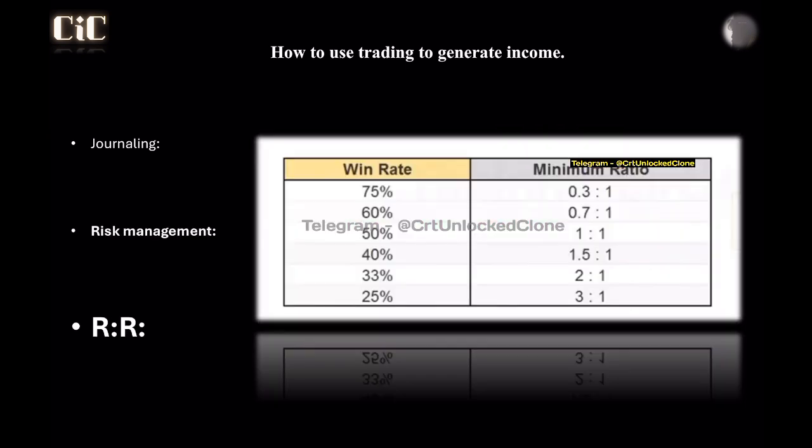RR. Now, the beginner trader thinks that you need a 90% win rate and a 1 to 10 RR, as is always demonstrated on social media. And that is completely false. That is nothing short of bullshit. In fact, with a simple 25% win rate, with a 1 to 3 payout, which means you risk $1 to gain $3, right?